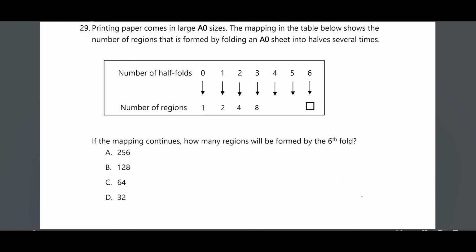So let's take a closer look at the pattern. You can see that as the number of folds is increasing, the number of regions is also increasing. But what is actually causing the increase?